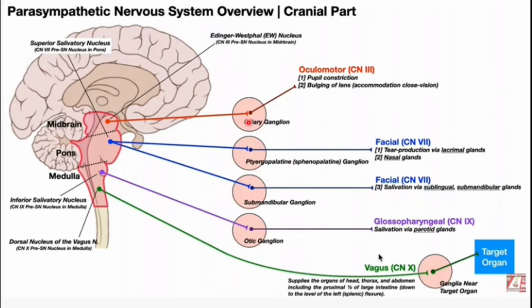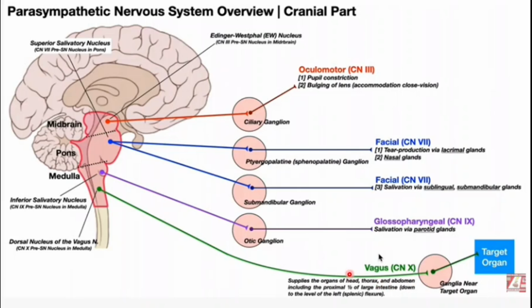Contrary to the oculomotor nerve, the facial nerve, and the glossopharyngeal nerve, which form synapses in very well-defined ganglia, the vagus nerve does not form synapses in these well-defined ganglia, whereas it forms synapses in ganglia which are very near to the target organ, and these ganglia are very small. So the vagus nerve ganglia are also known as the terminal ganglia or the intramural ganglia.